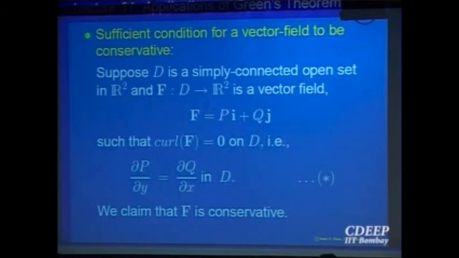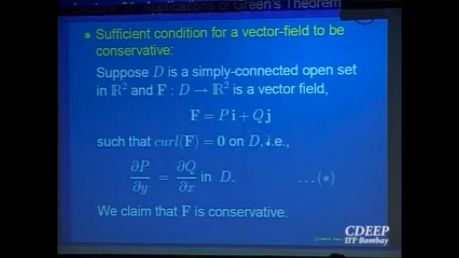So whatever closed curve you take, its line integral is 0, and that is the same as saying that the vector field is conservative. So the proof is over. Because curl is 0, the integrand on the right-hand side of Green's theorem, the double integral, is 0. So the double integral is 0, which means the left-hand side, the line integral, whatever be the closed curve, is equal to 0.